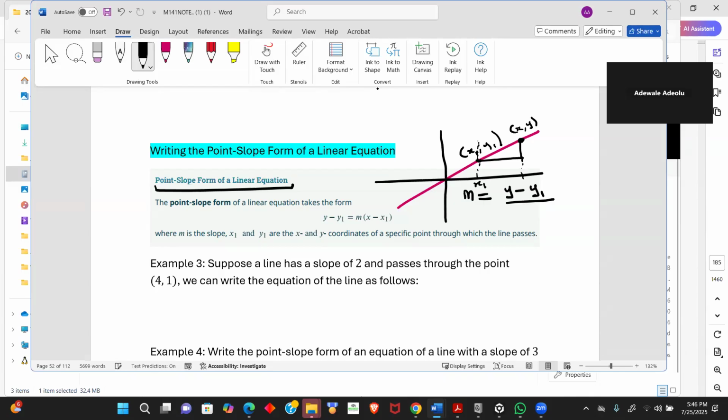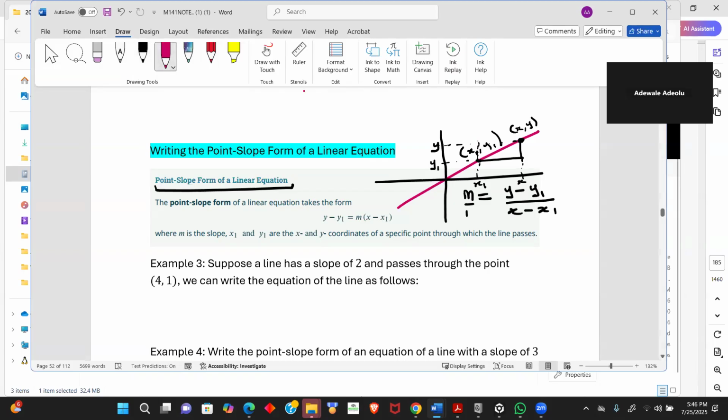This is x1, this is x. This is y1, and this is where I have y, right? So in that sense, I will have x minus x1.